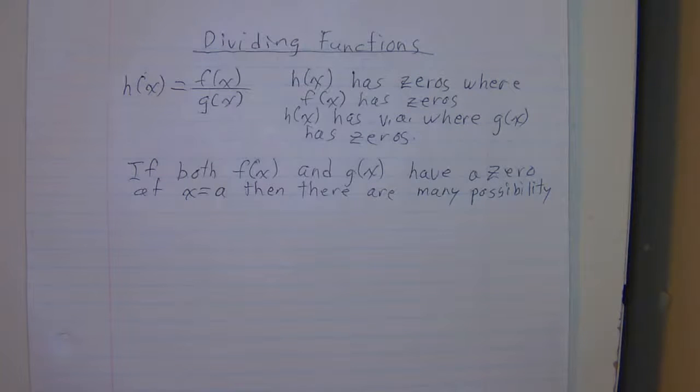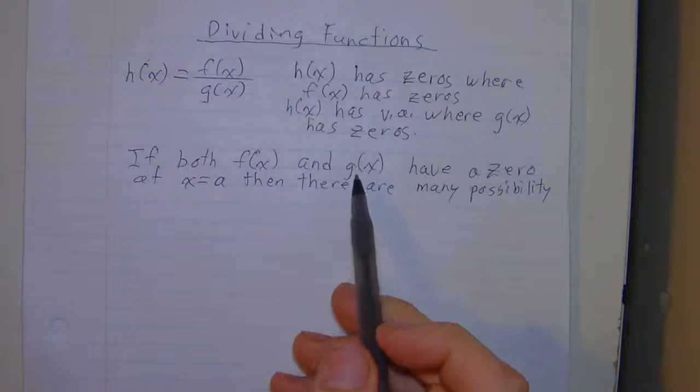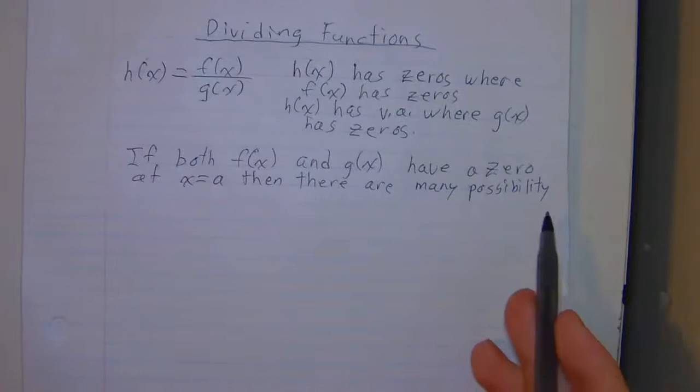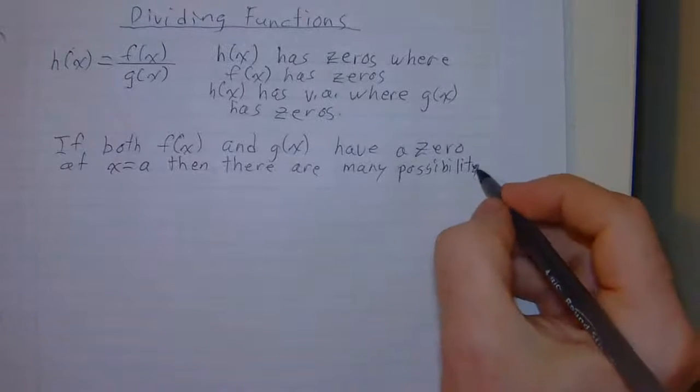It's this idea of which function is growing faster. We've talked about how exponentials grow faster than polynomials, how x squared functions grow faster than x functions, and so on. But depending on which of f of x and g of x is growing faster, you can get different things happening. So we're going to leave it at that.